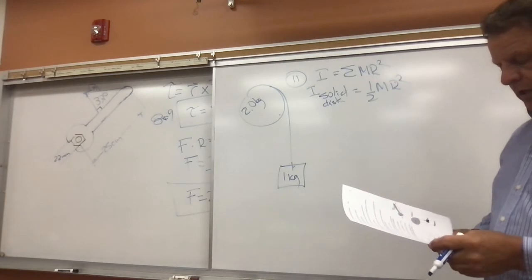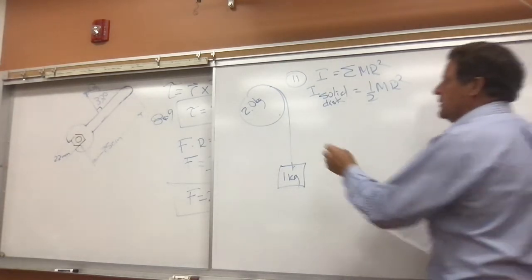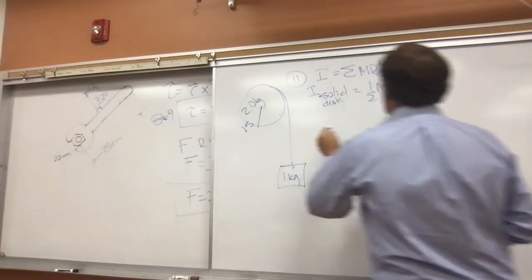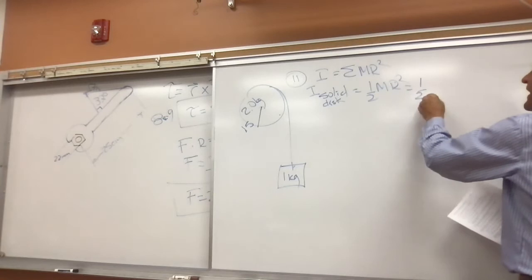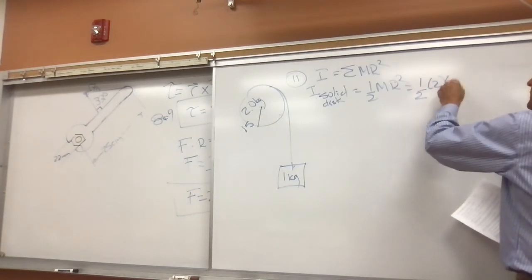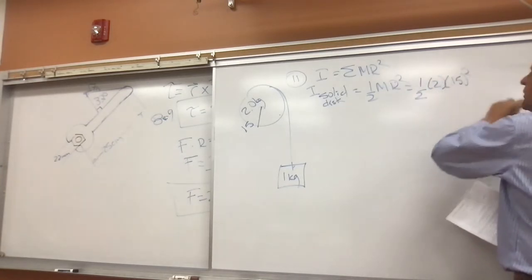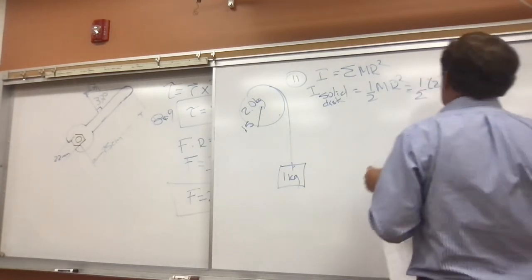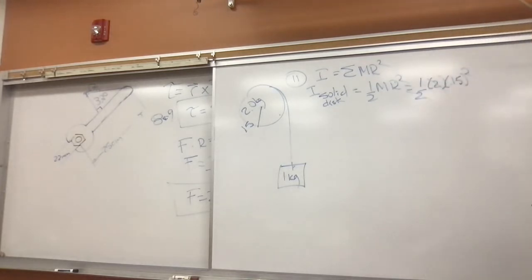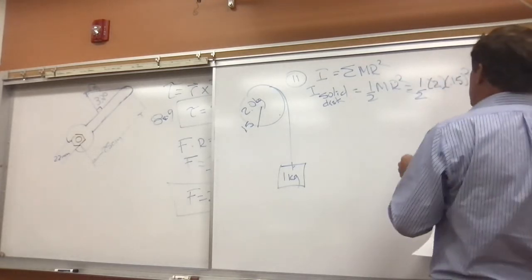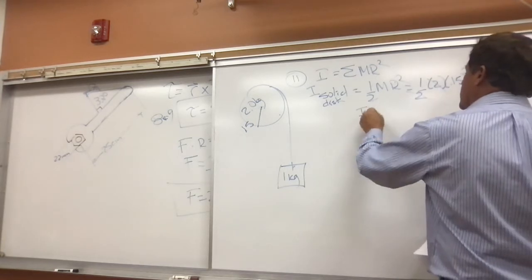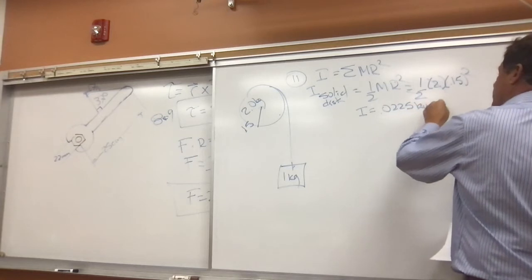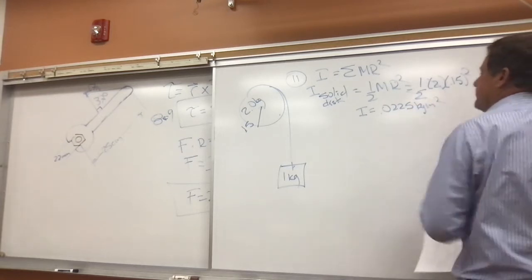So we have a radius of 0.15. This is going to equal 1/2 of 2 times 0.15 squared. 0.15 squared is going to be 0.0225. So our I here is going to equal 0.0225, and that's kilogram meters squared.